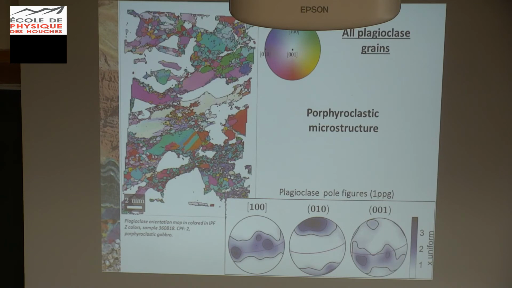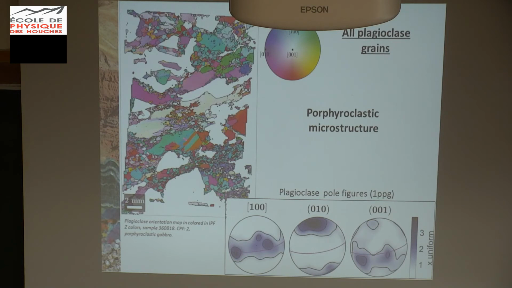Here you have an orientation map of a porphyroclastic gabbro. All of the white areas are the other phases. It's not index points. It's only the plagioclase and olivine grains. So what we see in this map is that we don't have a large spread in orientation in grains.